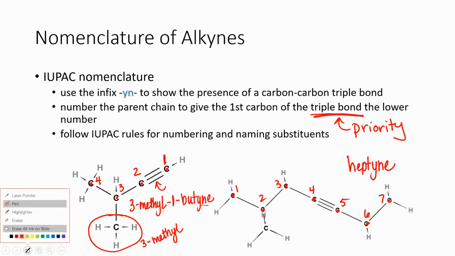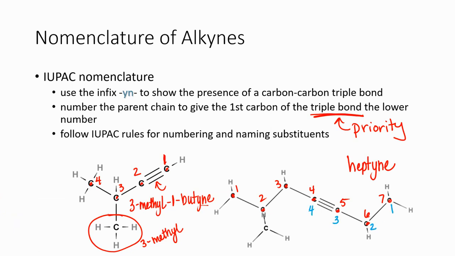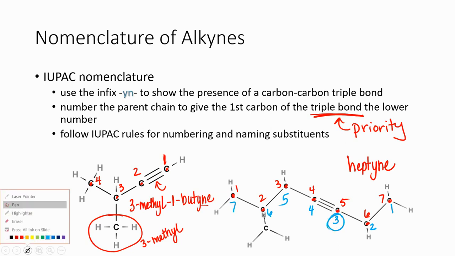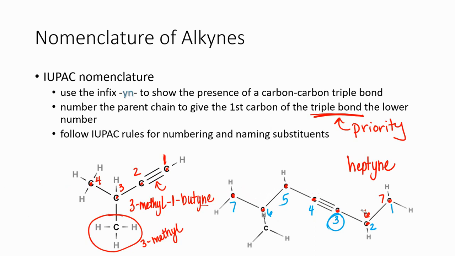Let's try starting from the right. 1, 2, 3. That's going to be preferable. We'd rather have the 3 heptyne. So we'd rather stick with that blue numbering from the right. So we'll want to go with 3-heptyne.